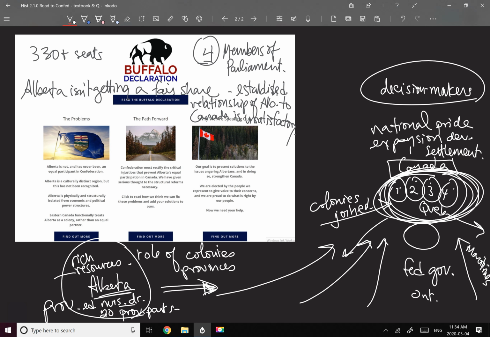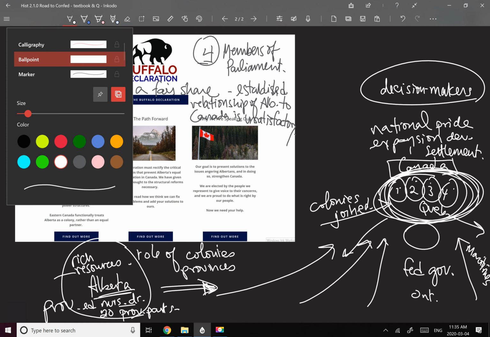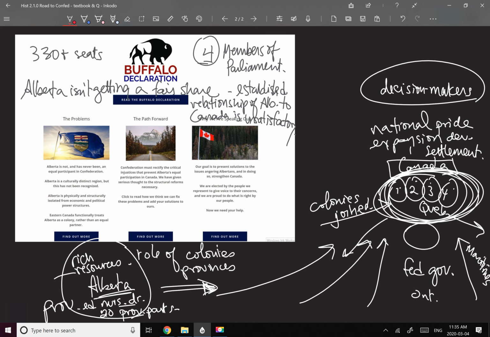And that redistribution is meant to pay for social programs, to help pay for education or health facilities or anything that is a social program, welfare, that kind of stuff, so that it's not that province alone that needs to rely on supporting itself, because we are a federation, we are a country united. We share these resources. But the interesting point that this Buffalo Declaration makes is that Alberta was not meant to be a child of a parent being Canada.